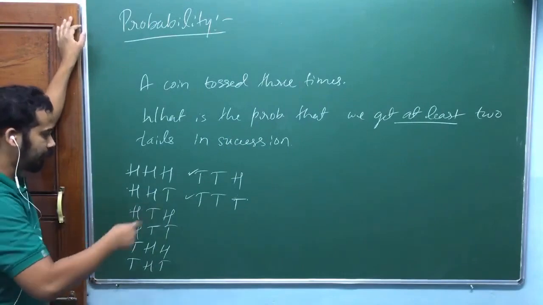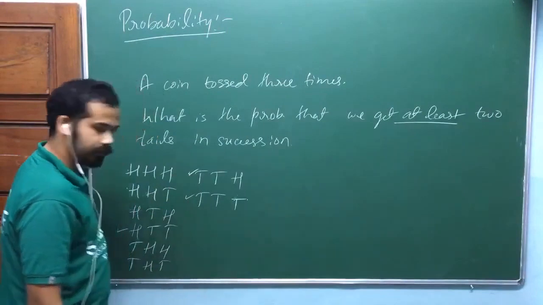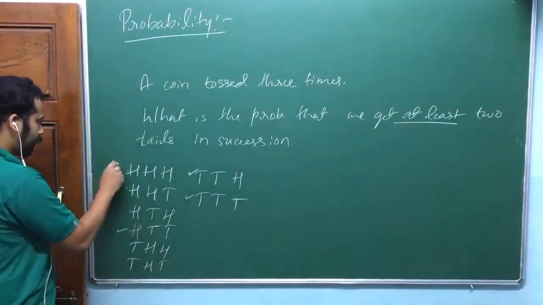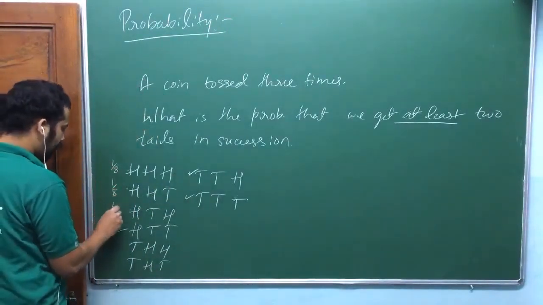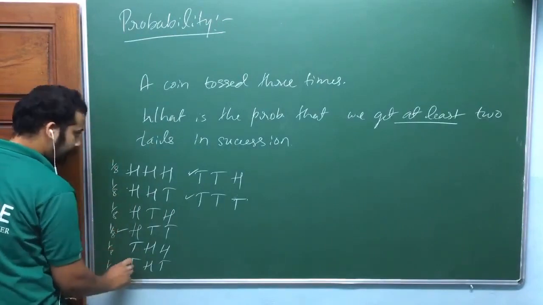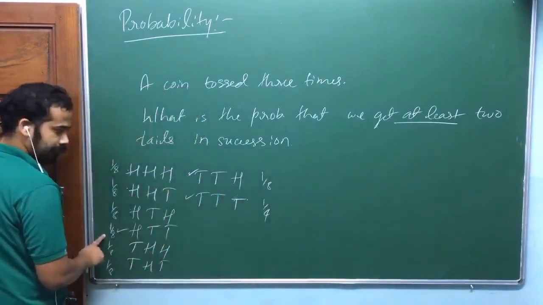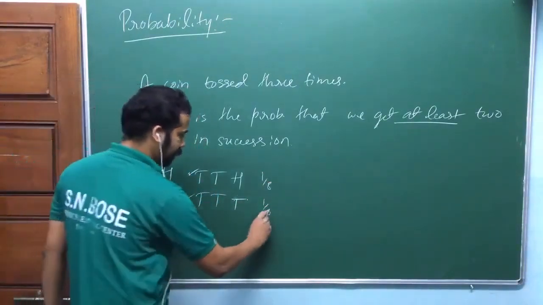How many are favored? 1, 2, 3, isn't it? Each is 1 by 8 probability. Just add these 3 probabilities. That's 3 by 8.